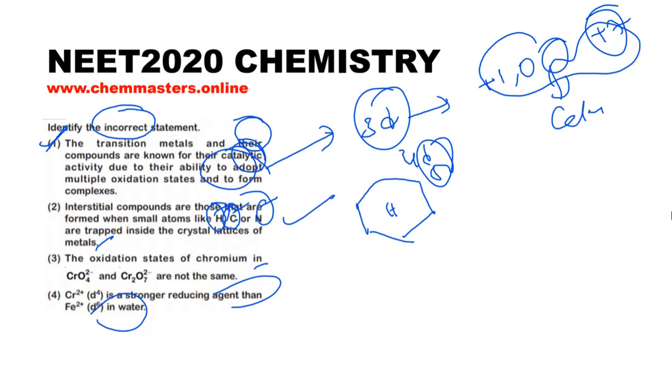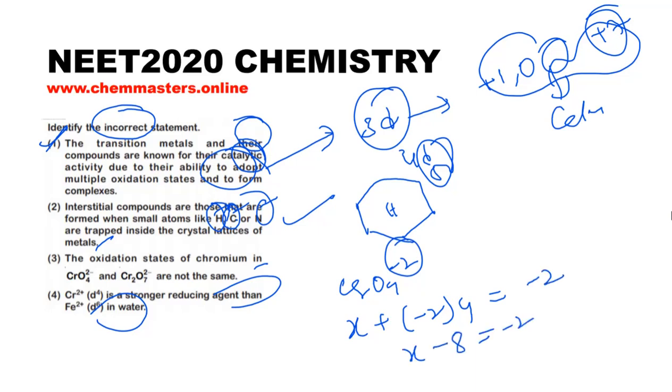Now the third statement, just look at here, CrO4 2-. Consider it as X plus each oxygen minus 2 into 4, because 4 oxygens are there, which should equal the total charge, minus 2. Now minus 8 equals minus 2, so X equals plus 6. So the chromium oxidation state is plus 6.